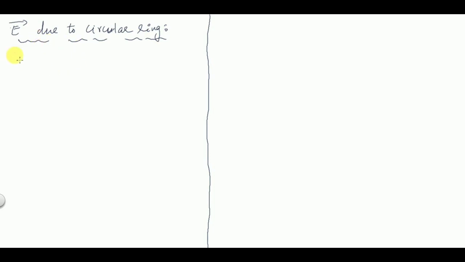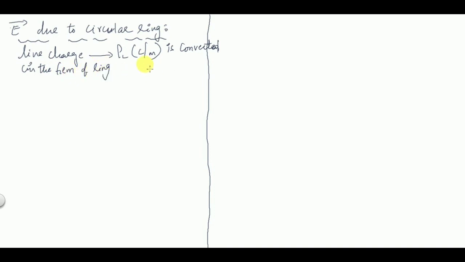So what is a circular ring? A circular ring is a line charge only. That is, the line charge rho L, which is coulomb per meter, is converted in the form of a ring, which was extending like this and is converted into a circular ring like this.